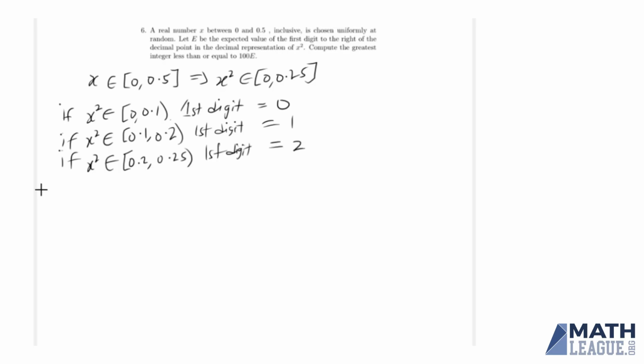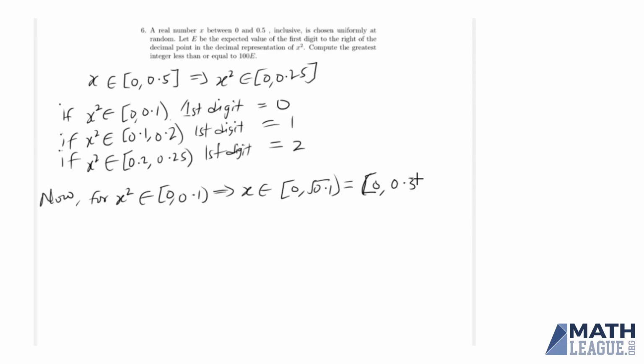Now, for x squared in the first sub-interval, it implies that x belongs to the interval from 0 to the root of 0.1, which in decimals is 0 to 0.3162.